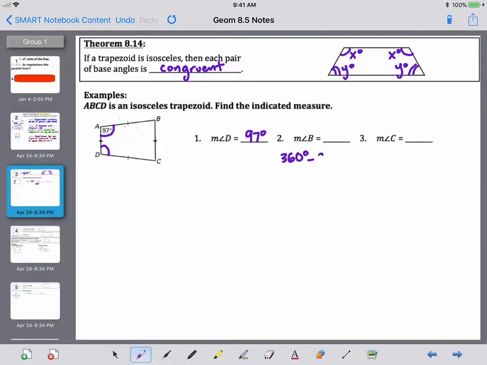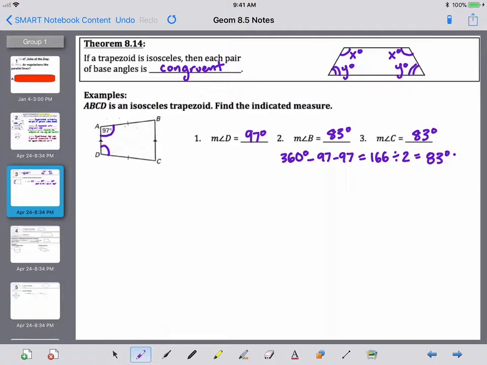And then we can subtract the 97 degree angles for A and D. If we do that, we're left with 166 degrees. And then we have to cut that in half to give us those two remaining base angles, which will both end up being 83 degrees. And you can test these answers by adding up all four angles and just double checking that they do really make 360 degrees.